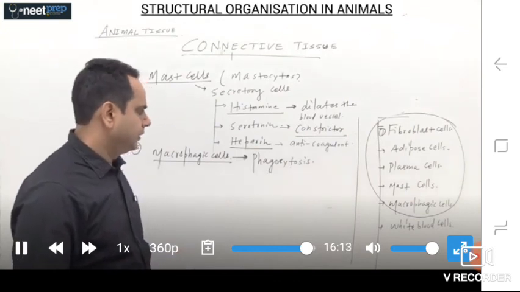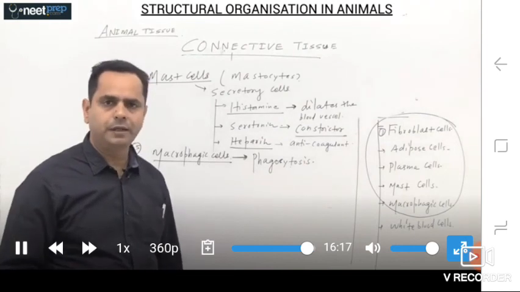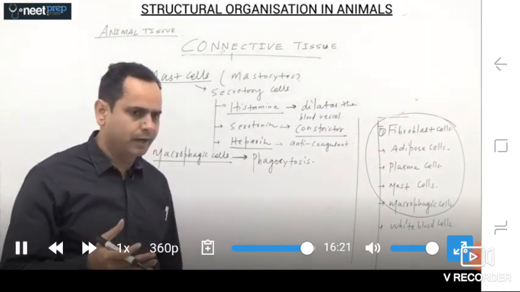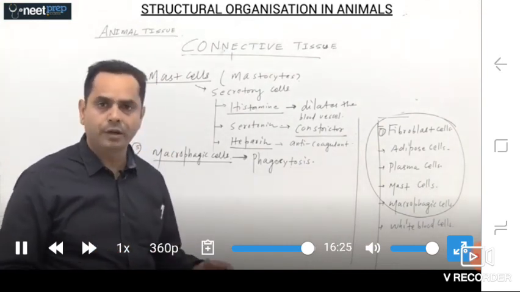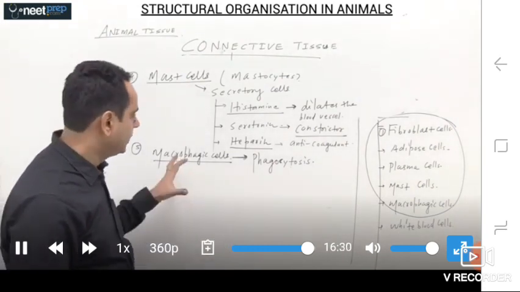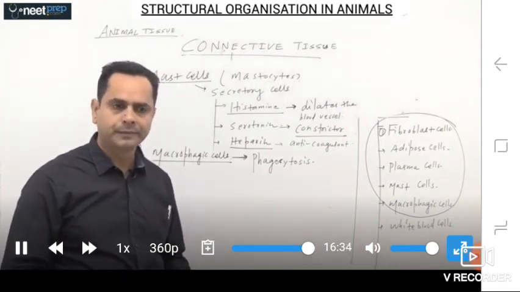And even macrophage cells are kind of WBC only. So there may be some undifferentiated kinds of WBCs, but that is not very significant if you talk about the types of cells of connective tissues. So remember, these are the 5 different types of cells of connective tissue.